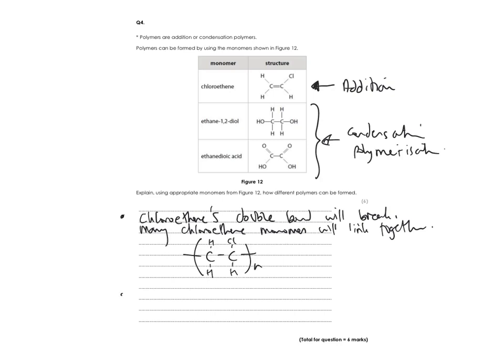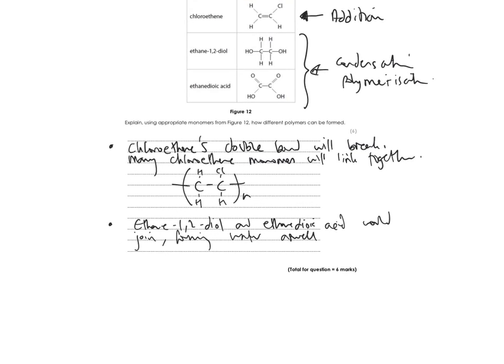And then your ethane-1,2-diol and ethanedioic acid would join, forming water as well. Okay, and again, a diagram wouldn't go amiss.